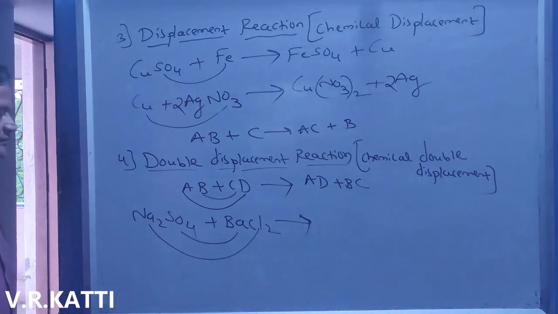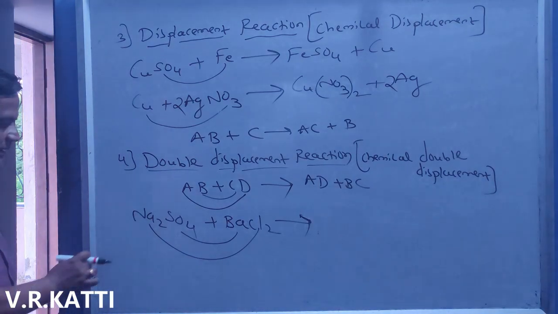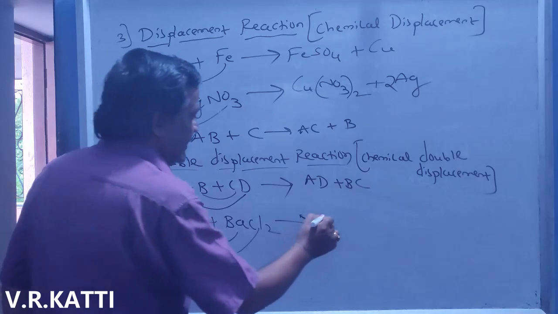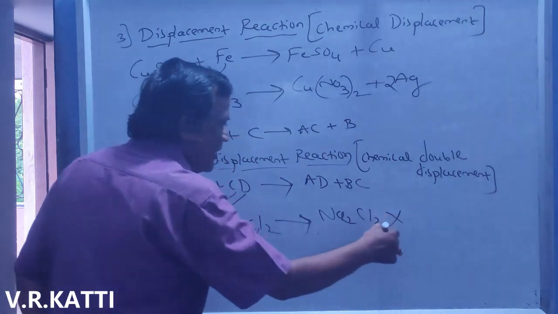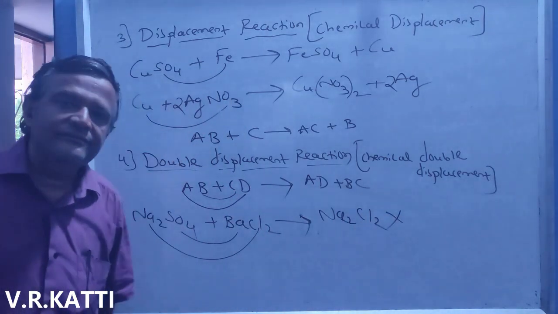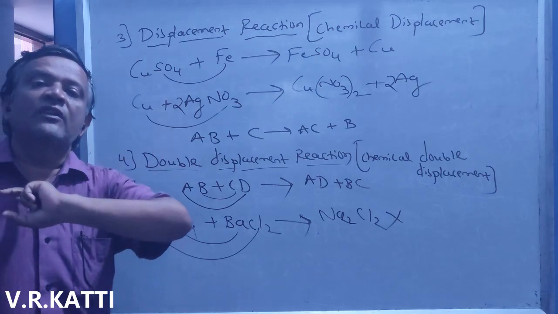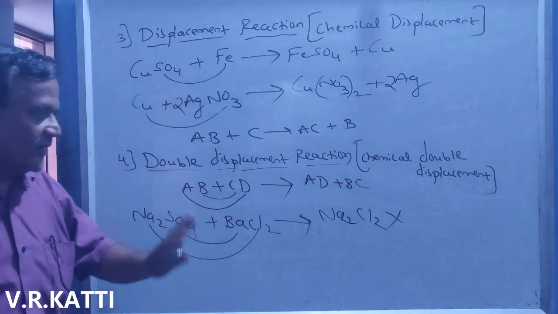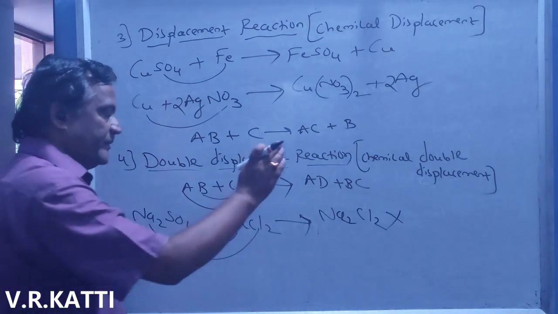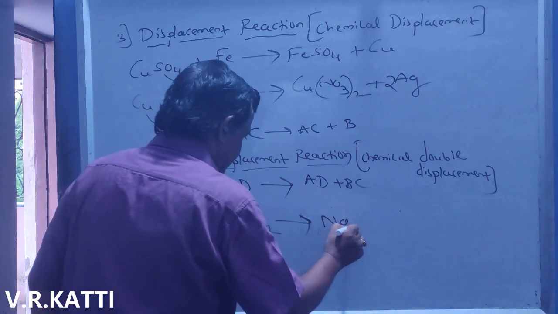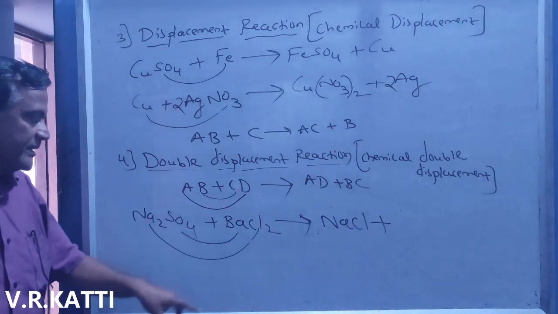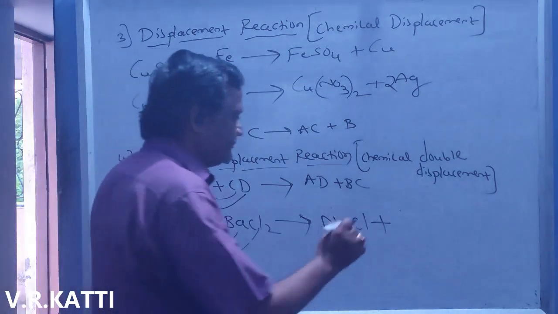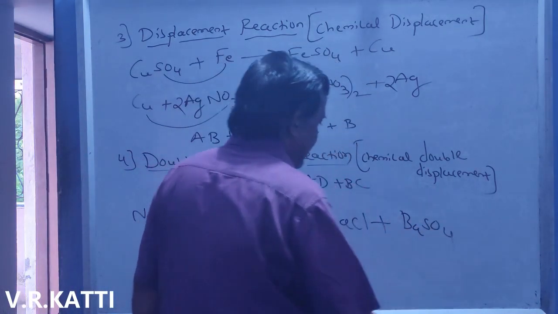Okay. Here it forms Na2Cl2? If we write Na2Cl2, it is wrong. Don't write it, because Na2Cl2 is not a compound. So it is NaCl plus BaSO4, barium sulfate.